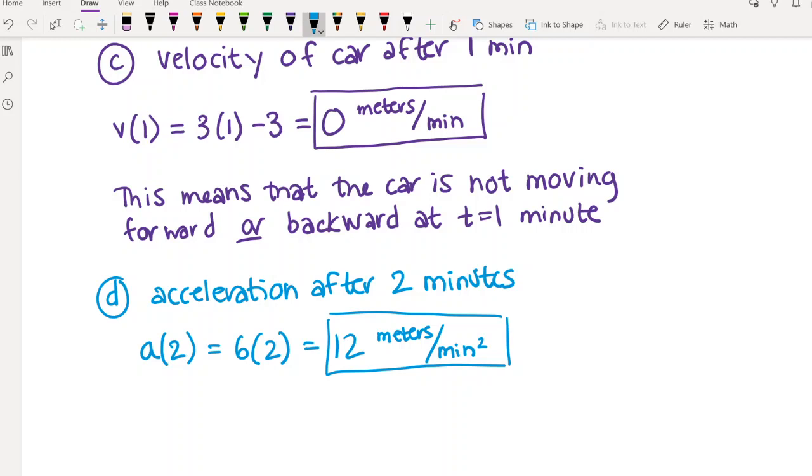So in this case, because the acceleration is positive, the velocity would also need to be positive. If the velocity after 2 minutes was negative, that would mean that the acceleration is not pushing in the same direction as the car is moving, and therefore it's actually slowing down. I didn't ask you for that, but I just wanted to briefly mention it.